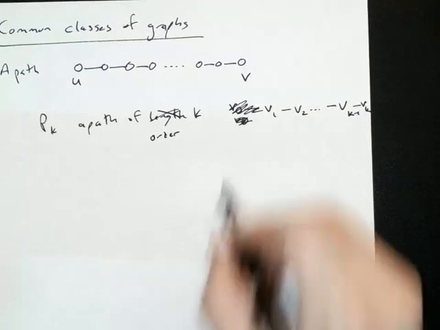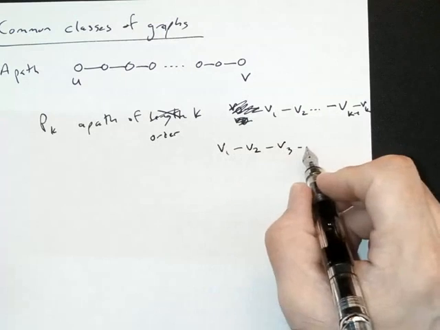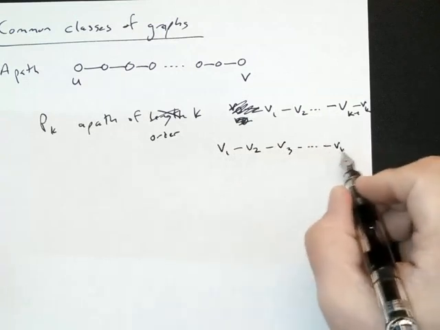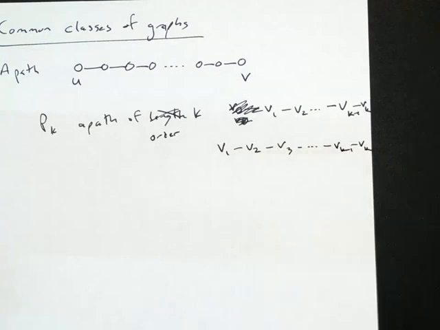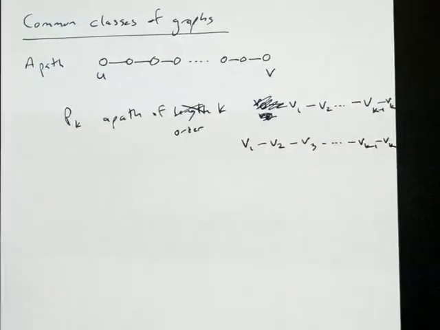So we go from v1 to vk. This path has length k minus 1. So our k here refers to the order, not the length. I apologize. Because I want to count by vertices at this point, so I want to count by order.